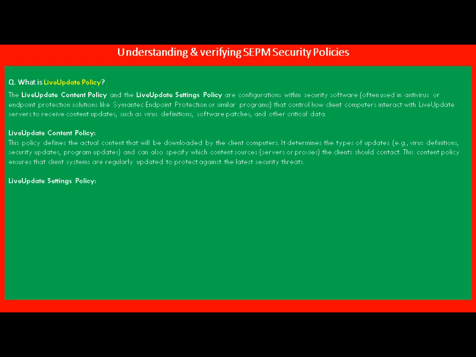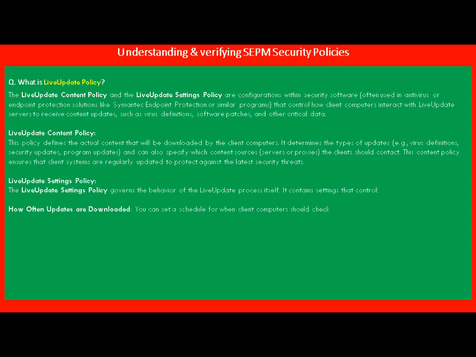Next is your live update settings policy. The live update settings policy governs the behavior of the live update process itself. It contains settings that control how often updates are downloaded. You can set a schedule for when client computers should check for updates, like daily, weekly.